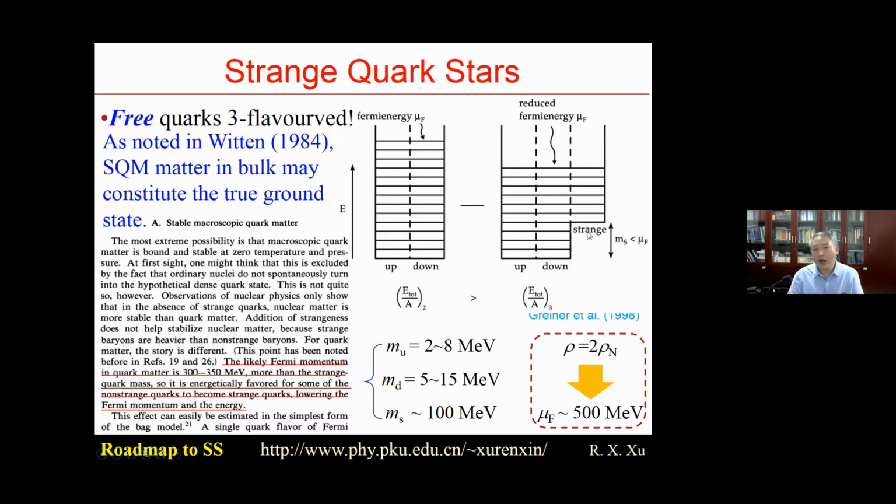But if you have another degree of strangeness, and then there are three flavors of quarks, finally the Fermi energy could be lower, down to a lower, more stable strong matter state. But this is in the regime of free quarks.